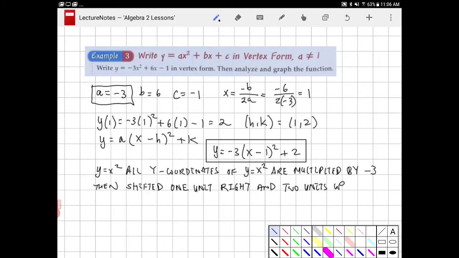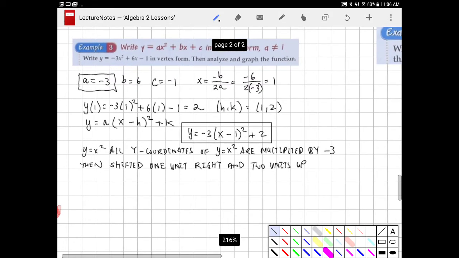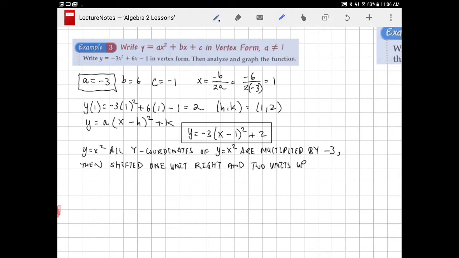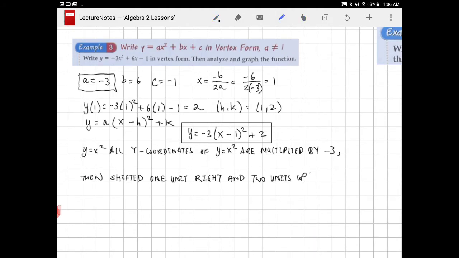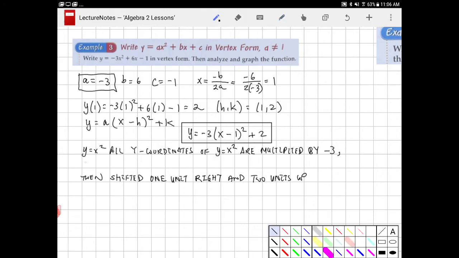So when we multiply by -3, the entire graph will be flipped.